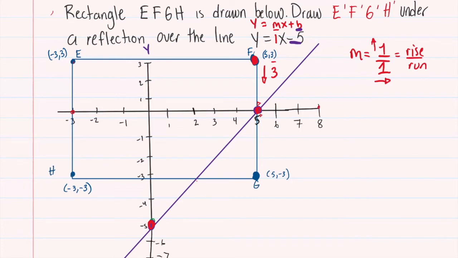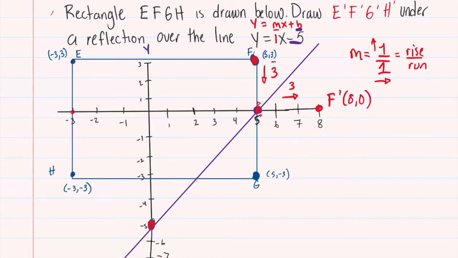So instead of going down, I'm actually going to go right 3 because we want to cross this purple line. So if we go 3 to the right instead of 3 down, we're actually going to touch this point. This is going to be considered my F prime, or F with the apostrophe means that it's the copy. It's what we did to the original. So that point will be 8, 0. So we got our first one, guys.